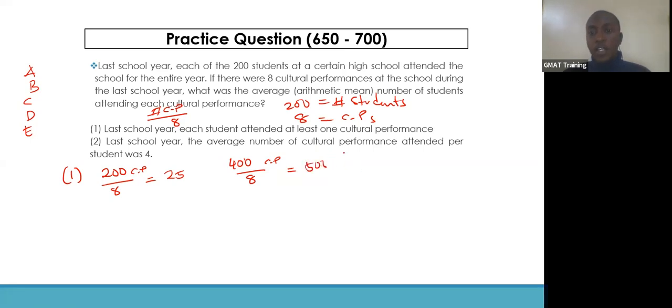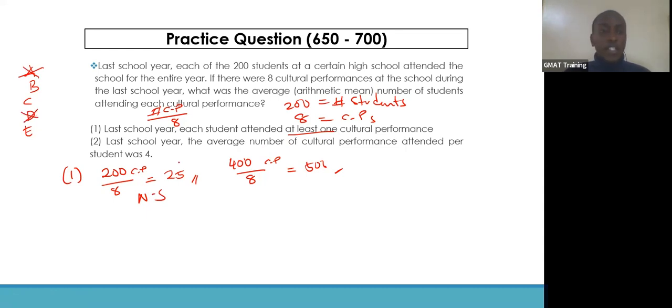As you can see, this at least one doesn't give us a specific value, and therefore we can't find the actual value, right? Like you can see here, we have 25, we have 50, different cases with the students attended exactly 1 or exactly 2, right? And therefore statement 1 is not sufficient. Let's omit A and D. We have fewer choices, that's B, C, and E.